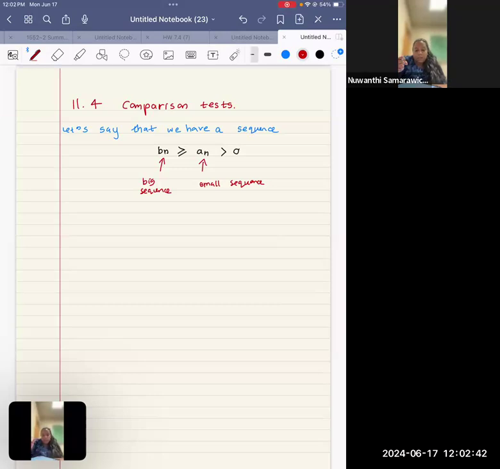Okay, then we are going to establish a technique from this idea, how to find whether a series is convergent. If there are two sequences, the idea is this, called a direct comparison test.